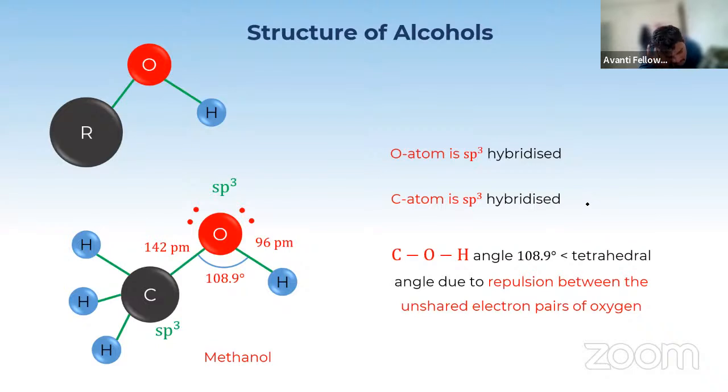Because of the presence of the more electronegative atom, what should the bond angle be? It should be 109 degrees 28 minutes if it is sp3, but it has reduced to 108. It seems like a very small difference, but this is the reason: repulsion between the unshared electrons on oxygen causes the reduced bond angle.